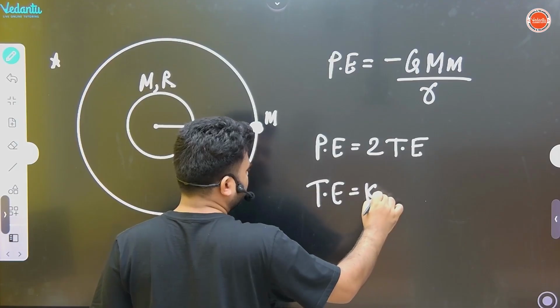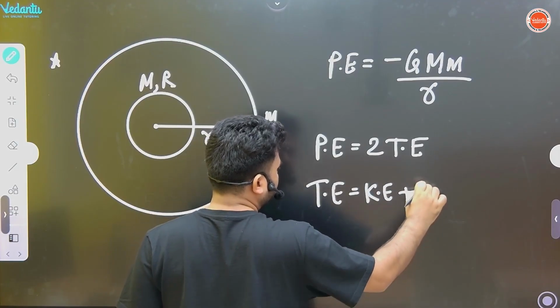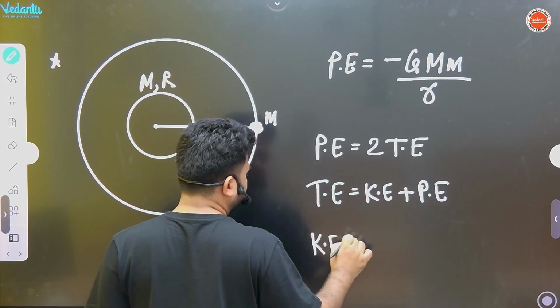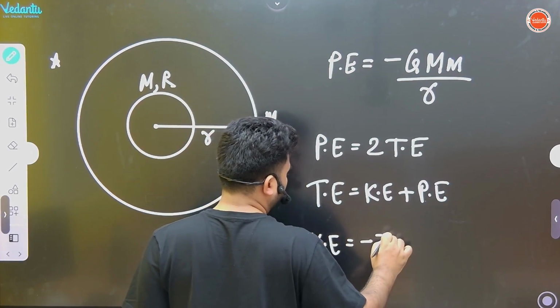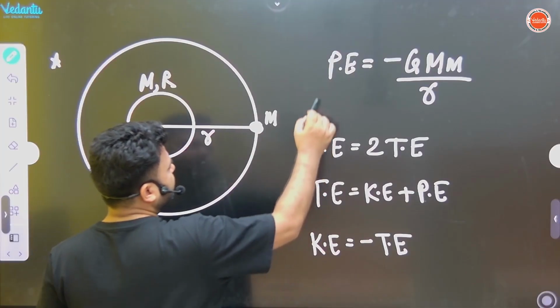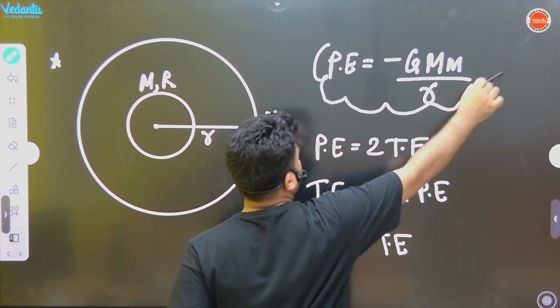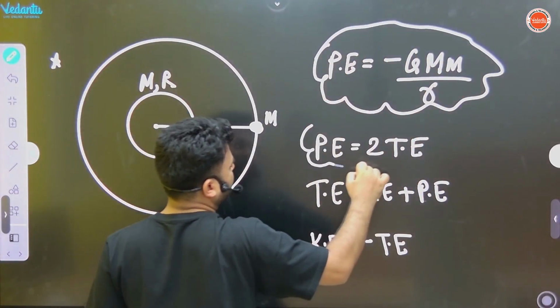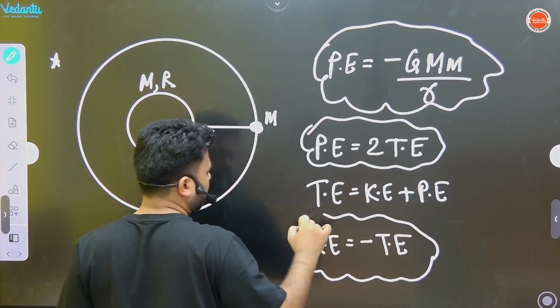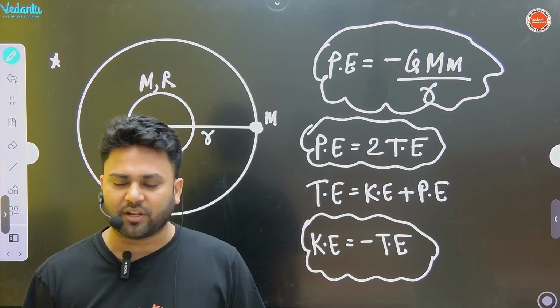Kinetic energy plus potential energy. And what is kinetic energy? Kinetic energy is negative times total energy. You remember this formula, you remember this, and you remember this.